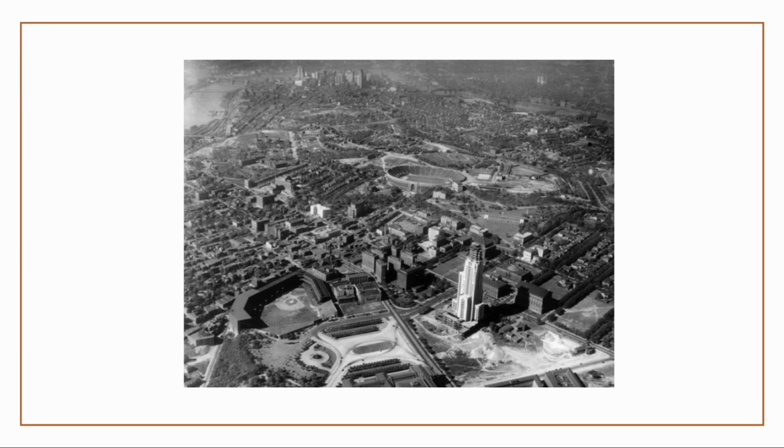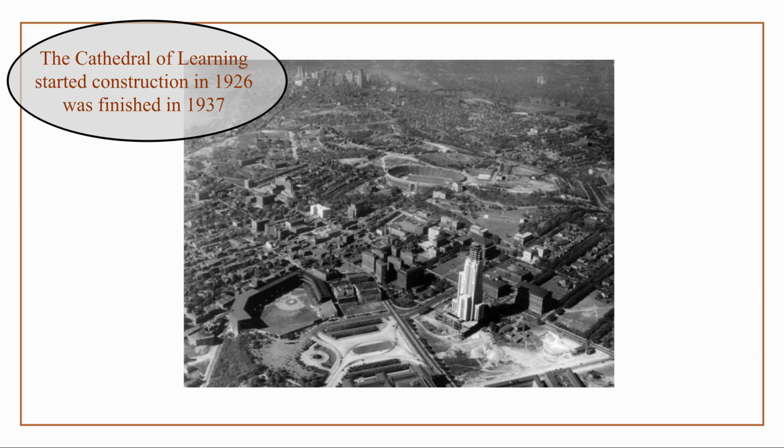Looking at when the Cathedral of Learning was built, it started construction in 1926 and finished construction in 1936, and it was dedicated in 1937. So I had no idea when this photograph was from, but I was able to use those clues and narrow it down. This photograph is from 1926 to 1937, which already helps me a lot.